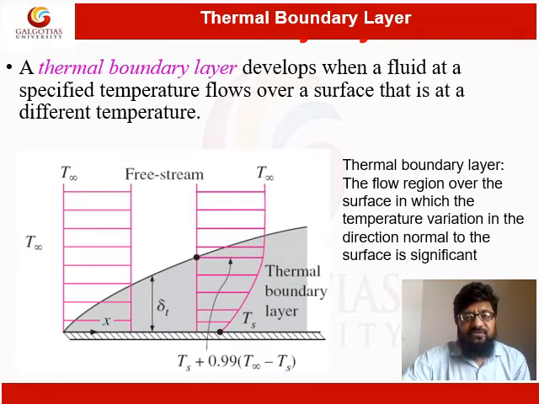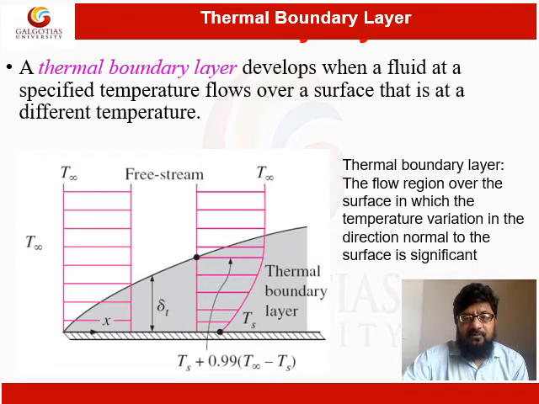Because of this different temperature of the fluid and solid surface, a thermal boundary layer is developed. The thermal boundary layer is the flow region over the surface in which the temperature variation in the direction normal to the surface is significant.